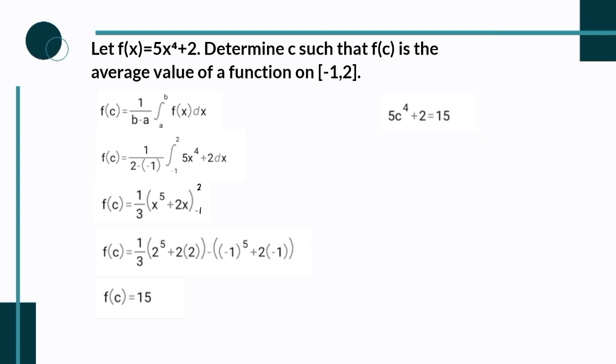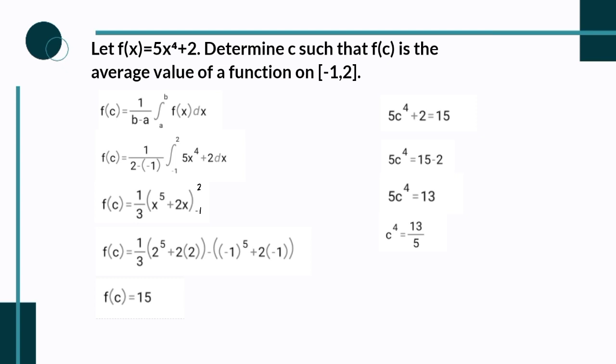Then we put the 2 on the other side, so it becomes 5c to the 4th equals 15 minus 2, which is 13. We divide both sides by 5 so the coefficient of c is eliminated, and the answer becomes c to the 4th equals 13 over 5.